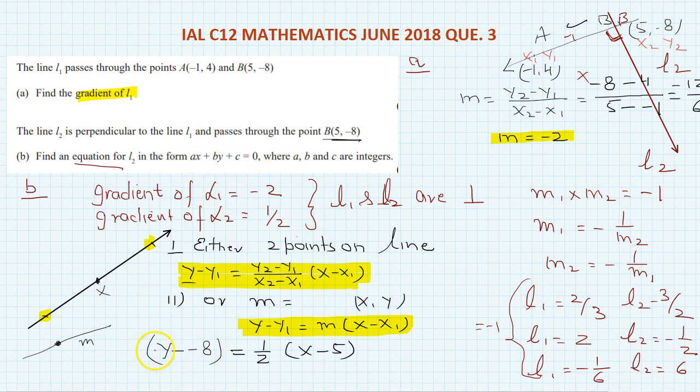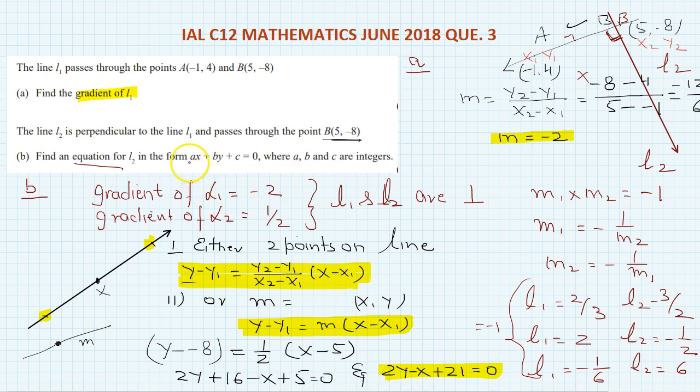So this is y plus 8 multiplied by 2, it will be 2y plus 8 times 2 is 16, equals x minus 5. So the equation will be 2y minus x, and 16 plus 5 is plus 21 is equal to 0. That is the equation of line L2. So that is the solution.